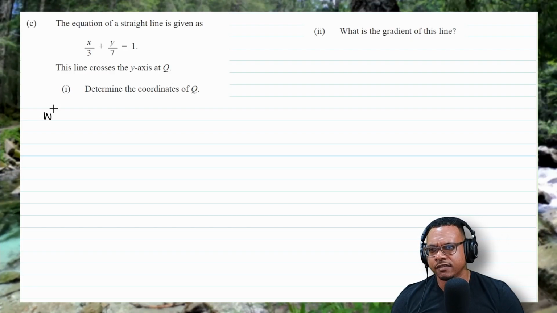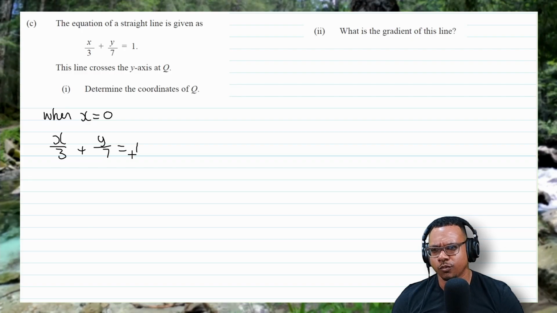So when x is equal to 0, we'll have x over 3 plus y over 7 is equal to 1. Replacing x with 0, so we have 0 over 3 plus y over 7 is equal to 1. Any fraction with 0 as a numerator is 0, so that's 0 plus y over 7 is equal to 1.